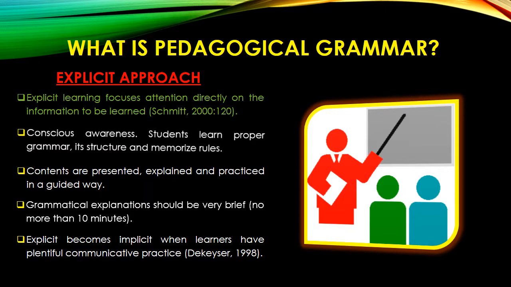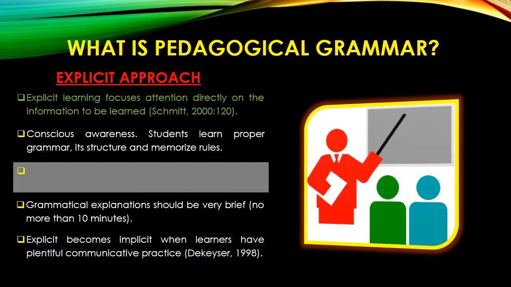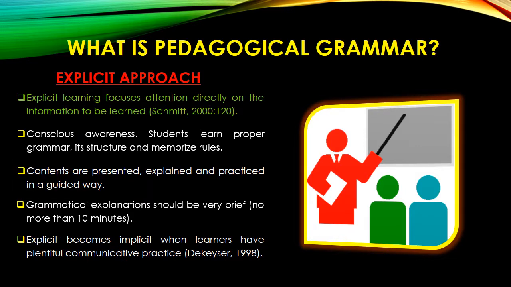Students learn proper grammar, its structure, and memorize rules. Third, contents are presented, explained, and practiced in a guided way. Fourth, grammatical explanations should be very brief, no more than 10 minutes. Fifth, according to Kaiser, explicit becomes implicit when learners have plentiful communicative practice.